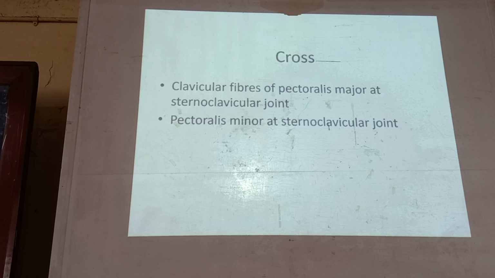Pectoralis minor crosses the sternoclavicular joint. Yes, no. Levator scapulae, the one which is on the back, crosses the acromioclavicular joint. Yes, no.